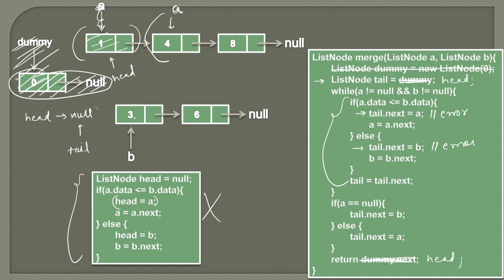So the first node of a and the first node of b would have been checked in the while block. But if we don't want to use this dummy list node, we somehow need a concrete node. So for getting that first node, we do this check outside the while block so that we can get a concrete head. The rest of the logic is similar.